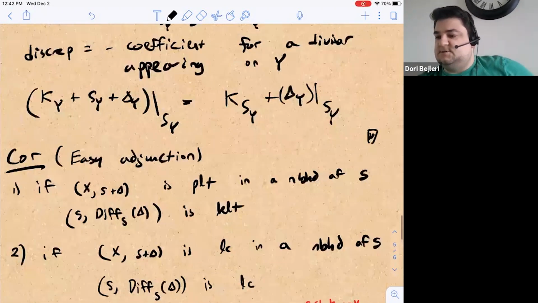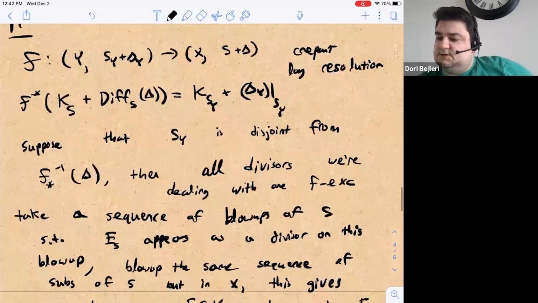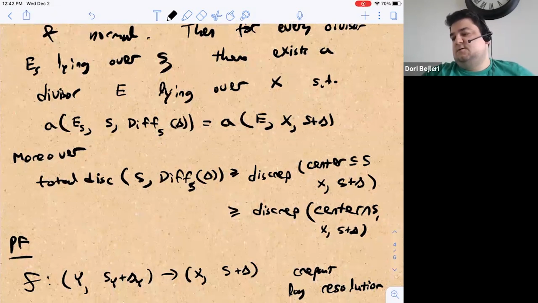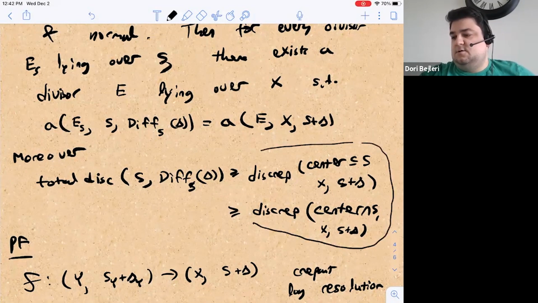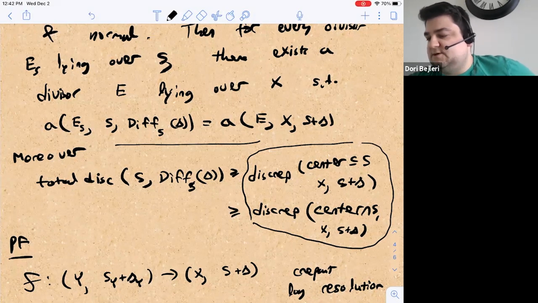Like in these inequalities for total discrepancies, the sets on this side are much bigger than the set of divisors that you produce of this form. And so you somehow need to control the divisors in a neighborhood of S to be able to prove these equalities. So that's why it's difficult.